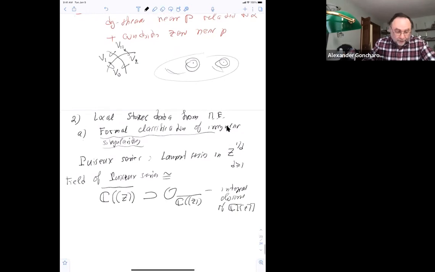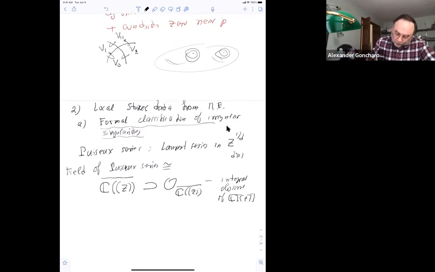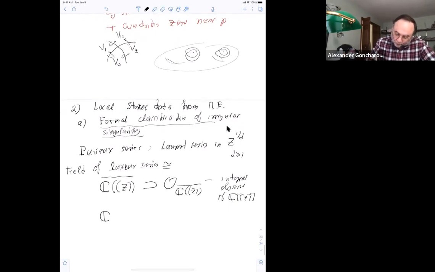And then you have an important object. You want to consider the quotient of the field of all Puiseux series by the ones which are regular, or you say this integral closure.